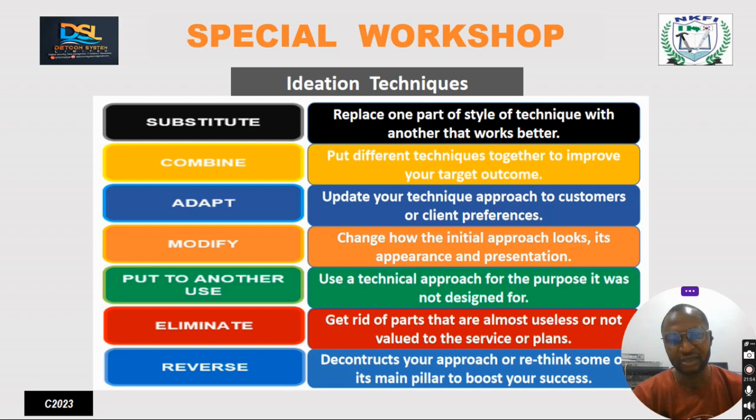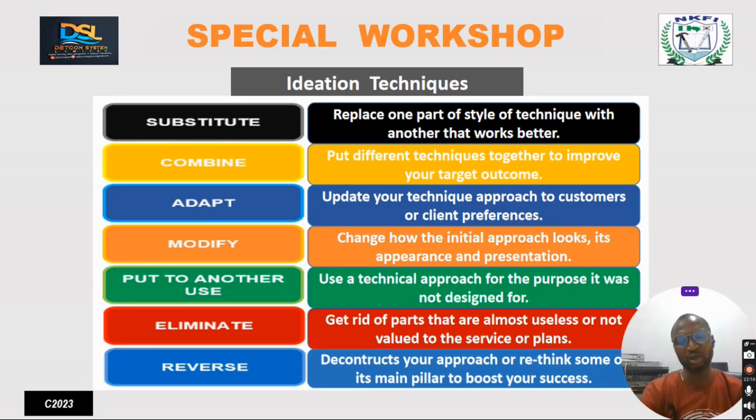We have eliminate, get rid of parts that are almost useless or of no value to the service or plans. That means you can eliminate a lot of ideas that are not really necessary so that they will not spoil your product.